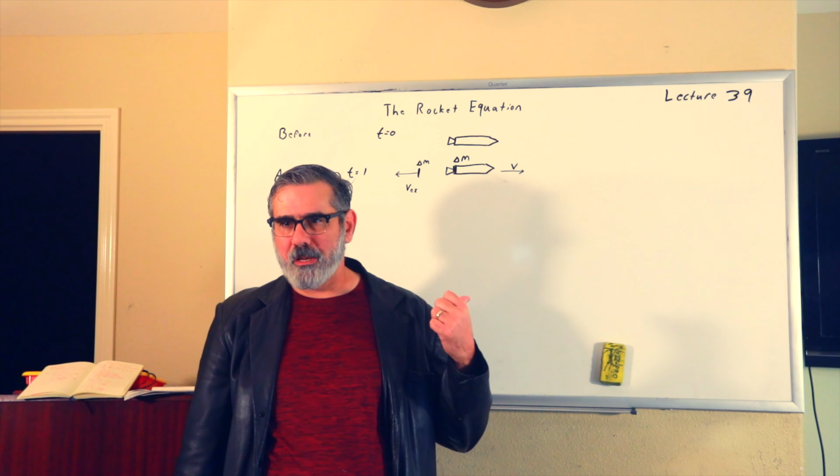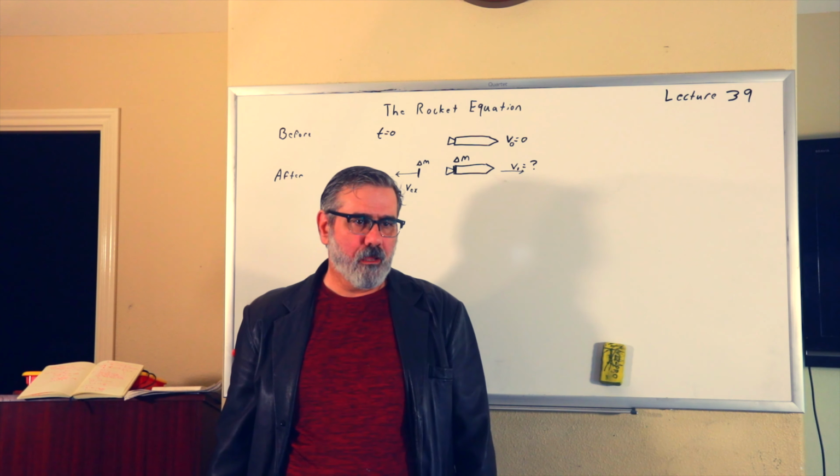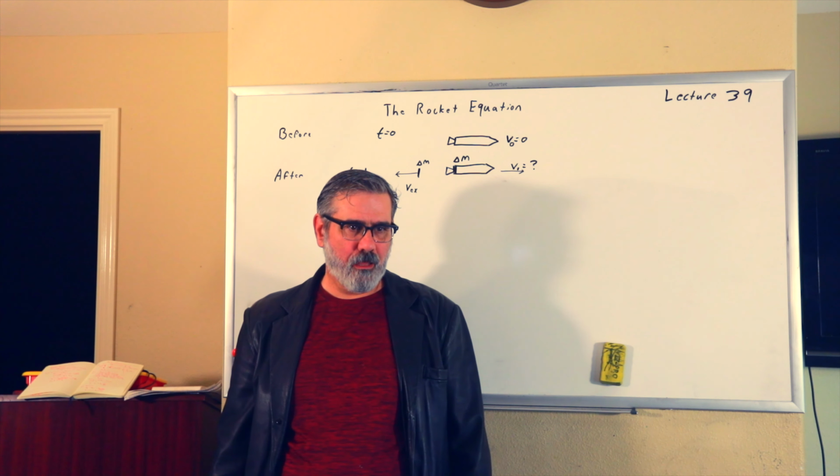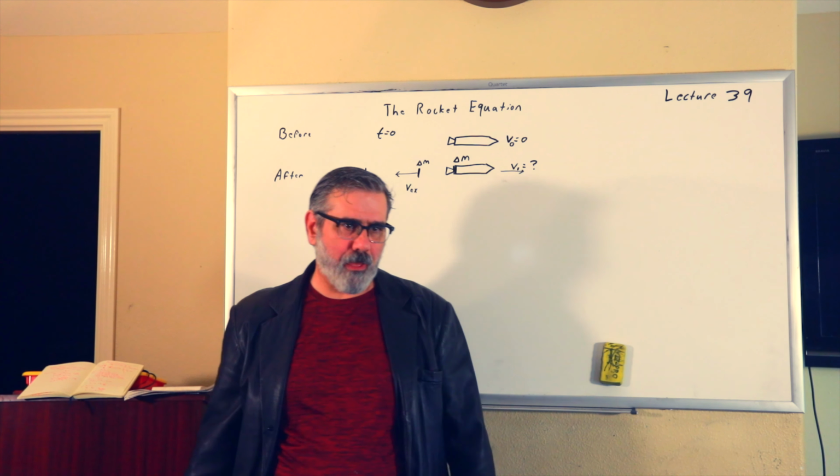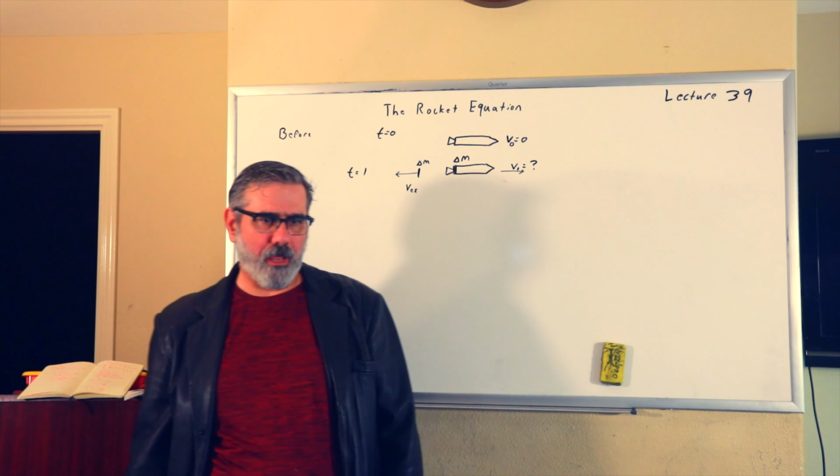Before, nothing has happened, but afterwards, we have fired our rockets. This has resulted in a change in mass of our rocket ship. Typically, rockets are about 80 to 90% fuel by mass, so that would be a 10 to 20% payload weight. As we fire the rocket, it ejects the mass out the back.